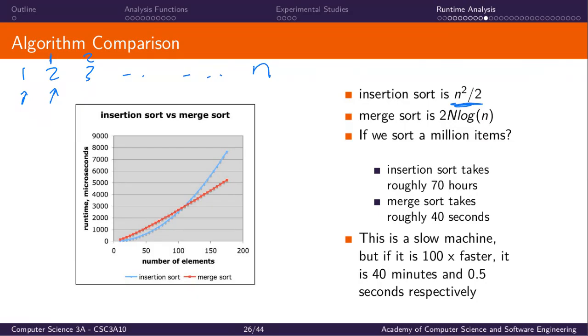Then the next one, we do up to 3 comparisons, 4 comparisons, all the way up to n minus 1 comparisons. So if we now sum up all these numbers, 1 plus 2 plus 3 plus all the way up to n minus 1, what do we get? What is the answer to that?